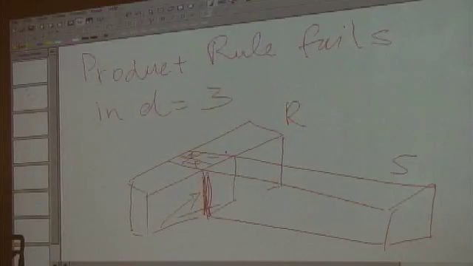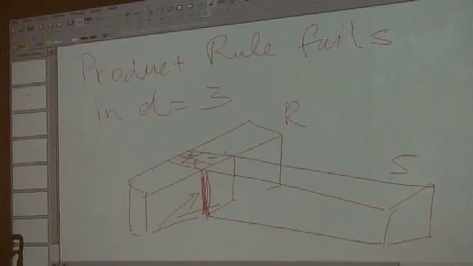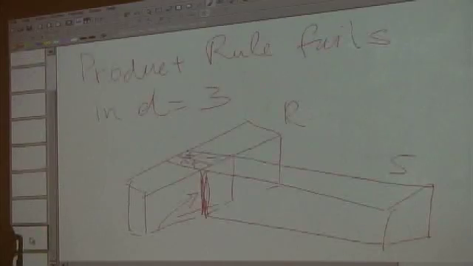Okay, so the product rule fails, and so this actually complicates life quite a bit. Aren't you tempted to draw a 3rd box? Triple intersections.